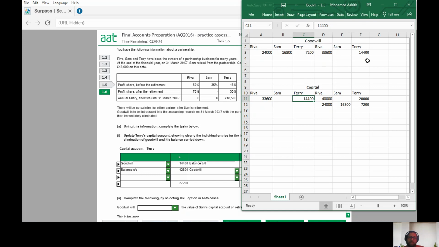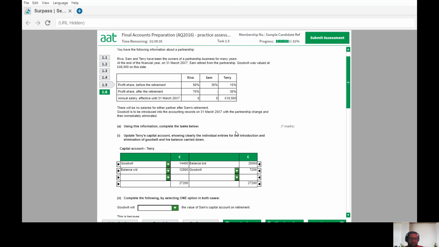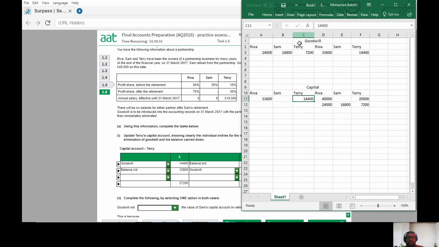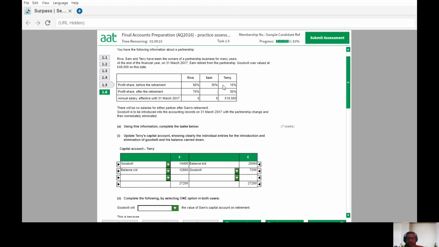So Terry has paid some towards it. I'm pretty sure that is going to be the difference between them. Yes, £7,200. Terry has, because he acquired almost double the old share, he has to give half of the goodwill he has impaired with earlier. Okay.